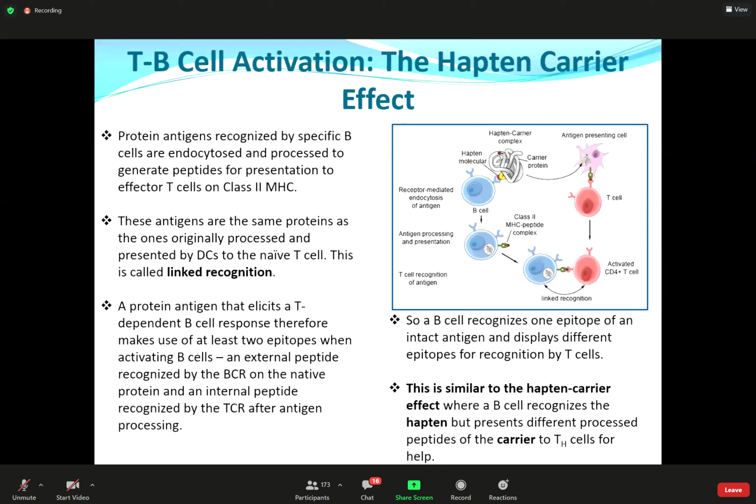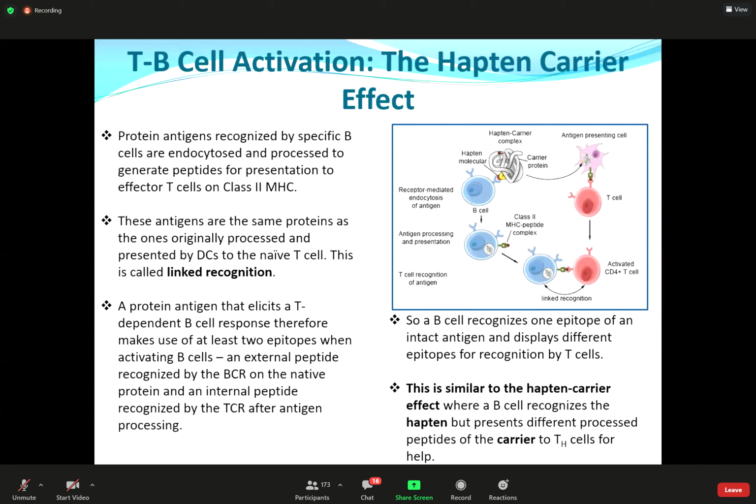So a hapten is antigenic, but it's not necessarily immunogenic. It's antigenic in that it can be bound or recognized by an antibody, but it's not immunogenic, meaning that it does not necessarily induce an antibody immune response, right?